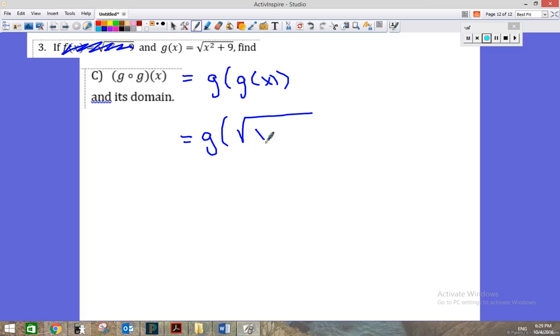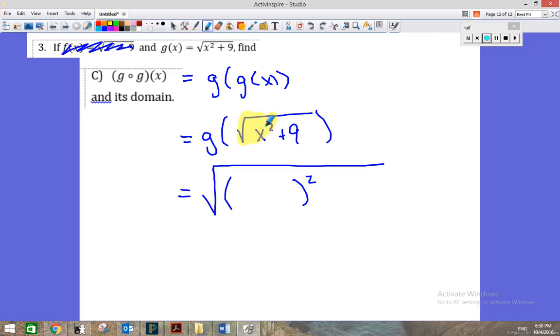Well, x squared plus the square root of x squared plus 9. What does g always do to the input? Well, g always has a radical, and it always creates an addition problem underneath this radical. The first thing it does, whatever input it sees, is square it. Then it adds 9 to it, and then it takes the square root of that number.